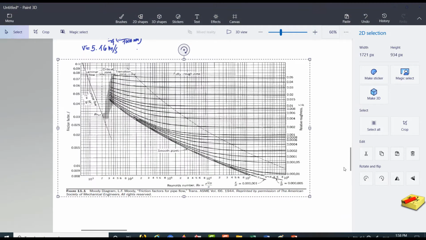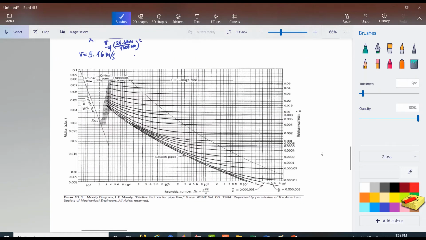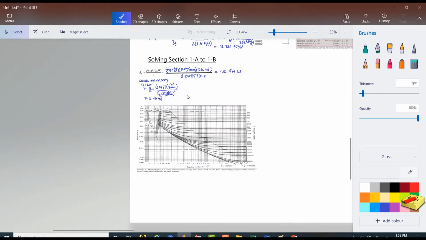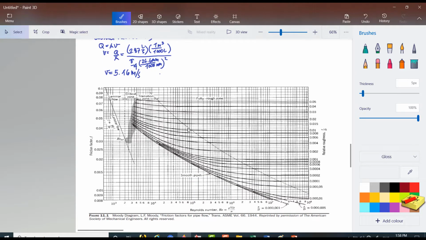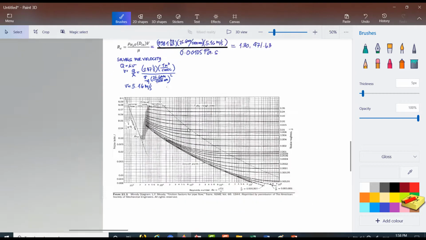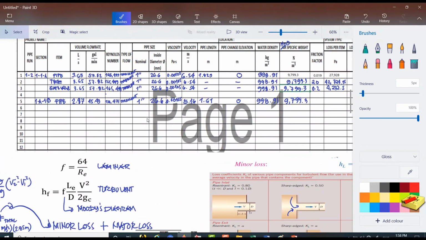Okay, so we have now here the Moody's diagram. Since it is a 1-inch pipe, the relative roughness is the same as before.